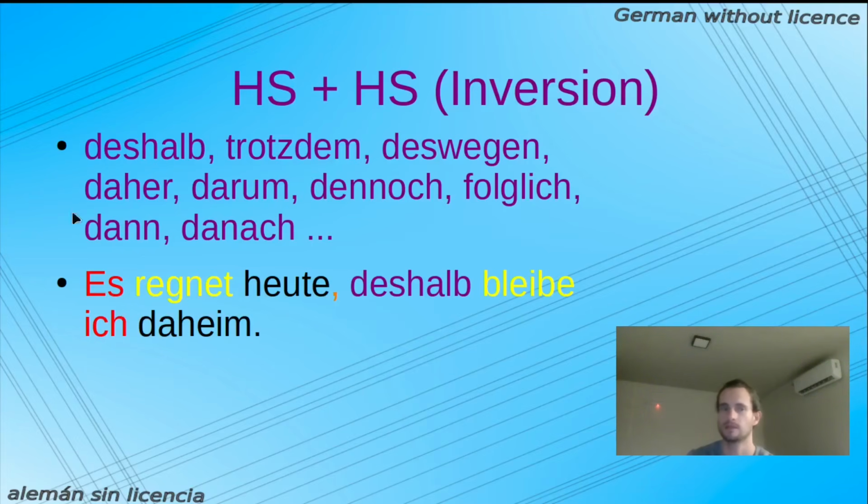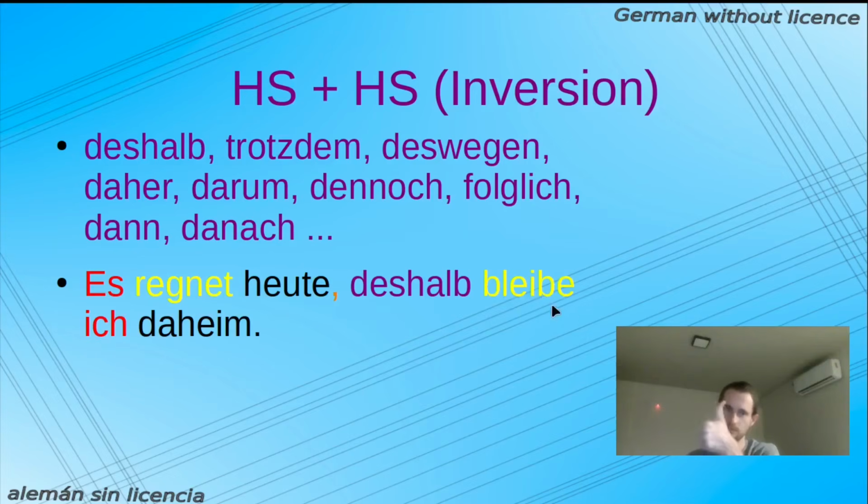In this case, the first main clause keeps the order. The second one is changing. Es regnet heute, deshalb bleibe ich daheim. It's raining today, therefore I stay at home. Okay? So in the second main clause, you have to apply the inversion. And inversion means you start with the conjugated verb.